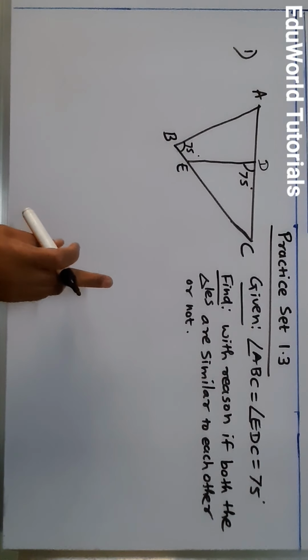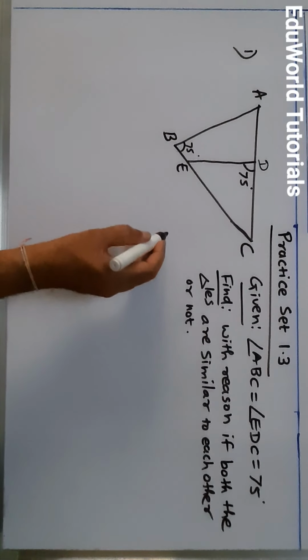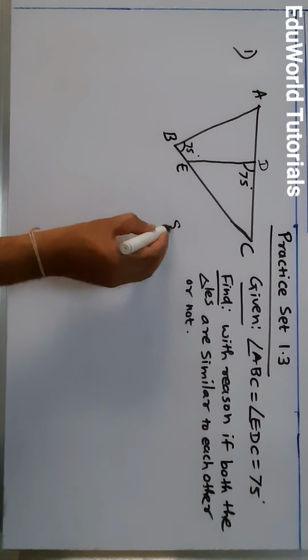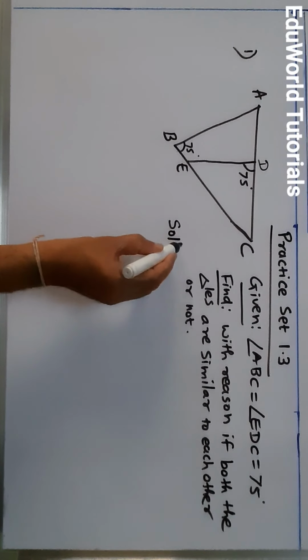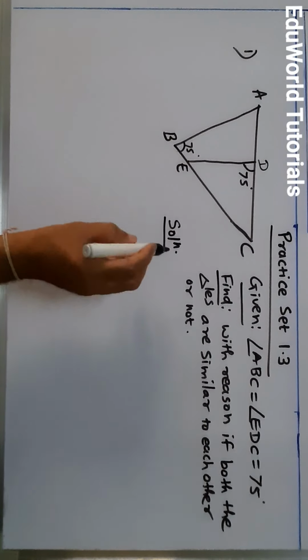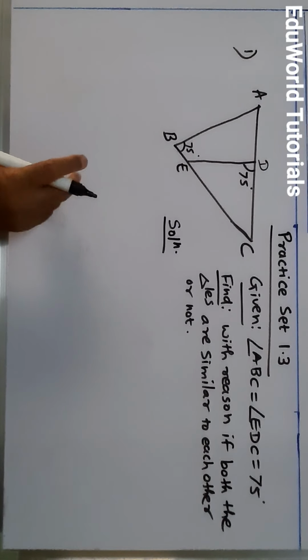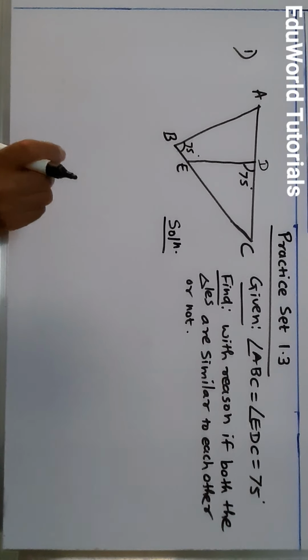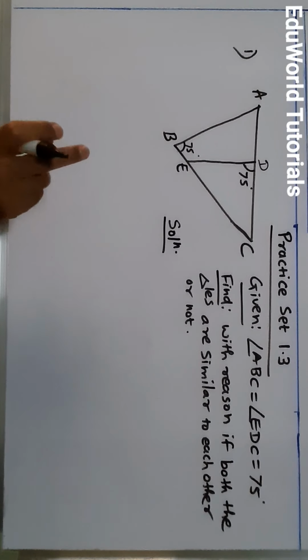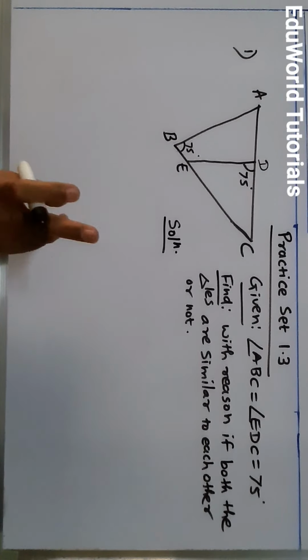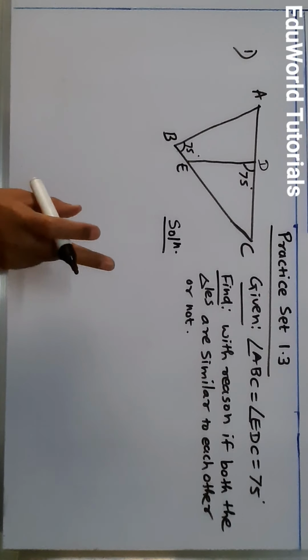So we will solve this sum. How to solve this sum? Be very careful. This is a simple sum but a very important sum. How to write the names of the triangles? Listen carefully. How to write the names of the triangles so that their vertices will be in one-to-one correspondence with each other?